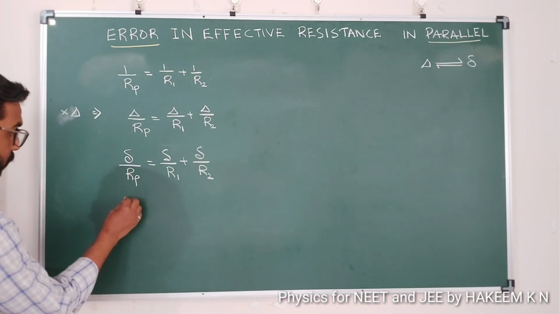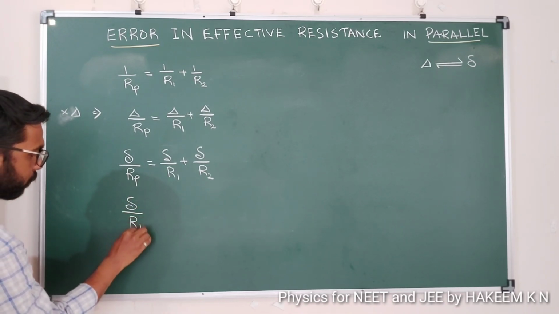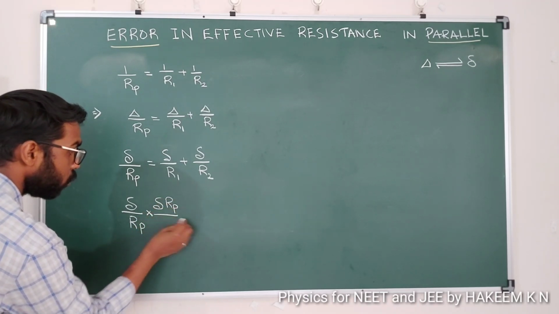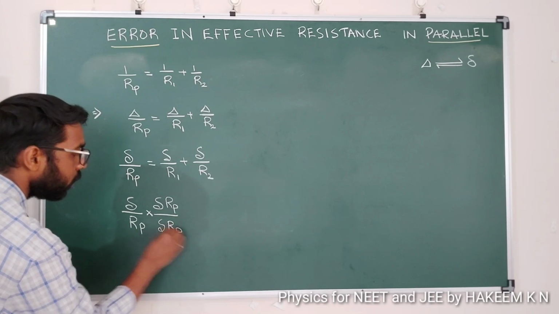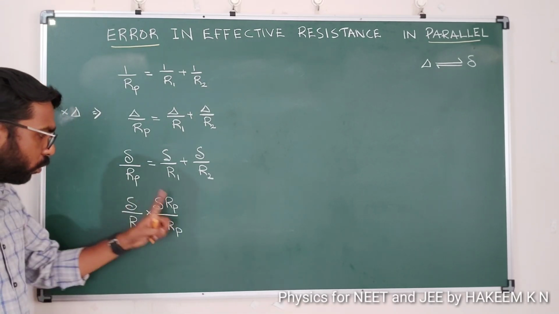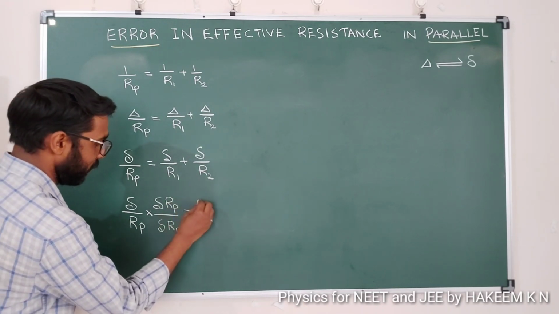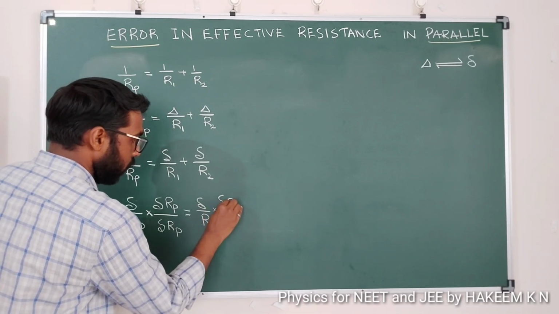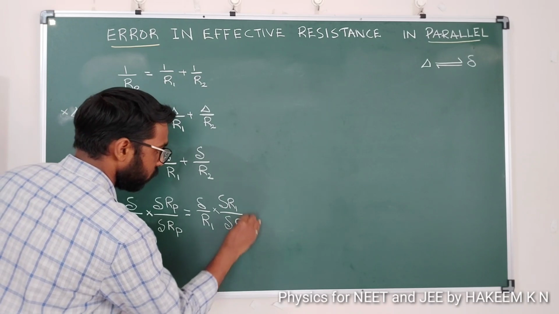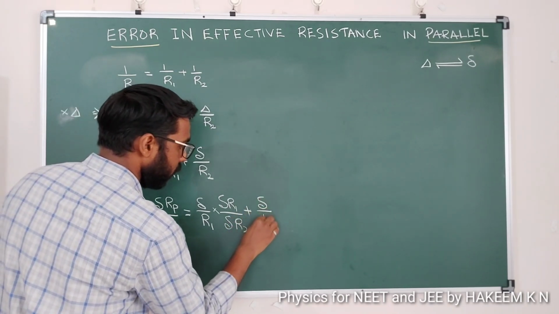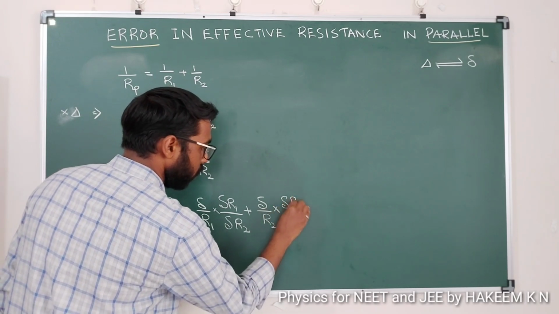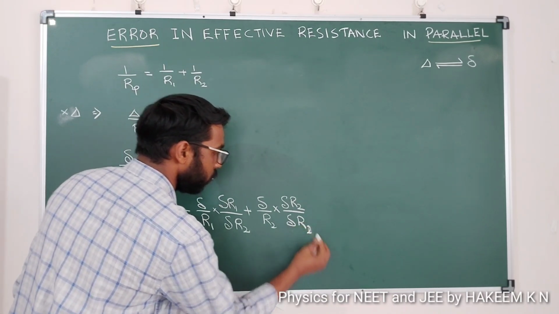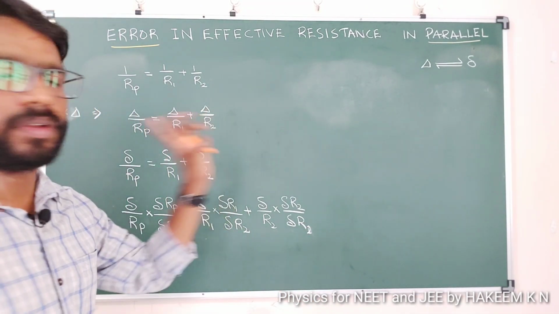Okay, next step, I am multiplying numerator and denominator with dou Rp: dou by Rp into dou Rp by dou Rp equal to, here also like that, dou by R1 into dou R1 by dou R1 plus dou by R2 into dou R2 by dou R2. I am just rearranging this equation.